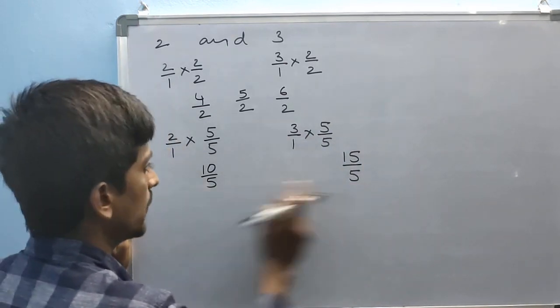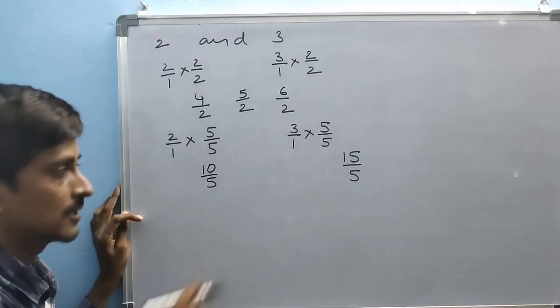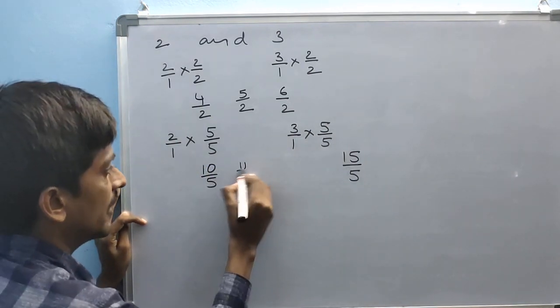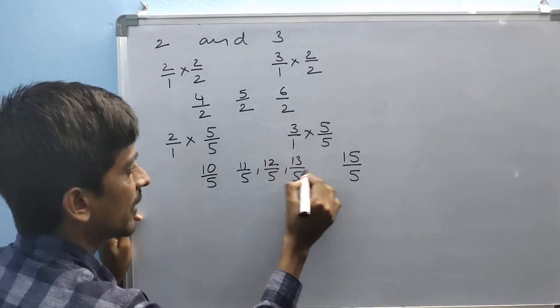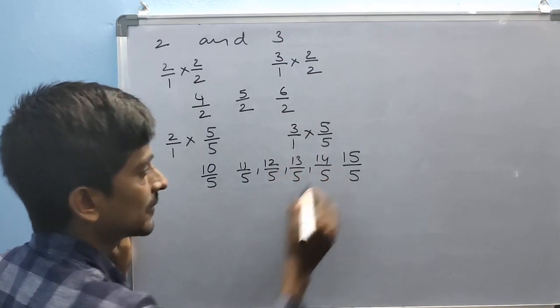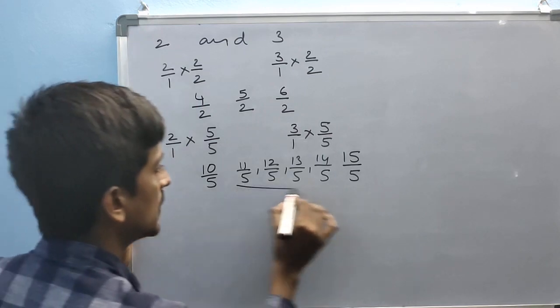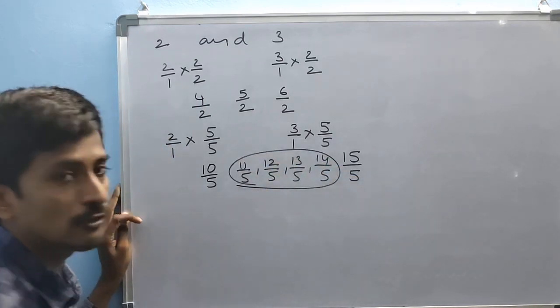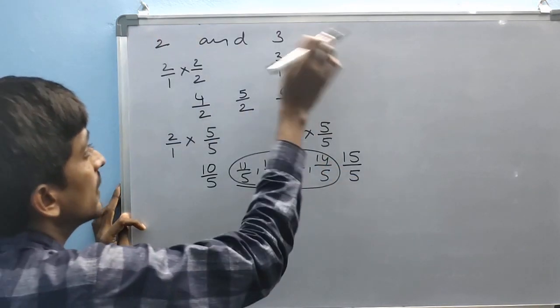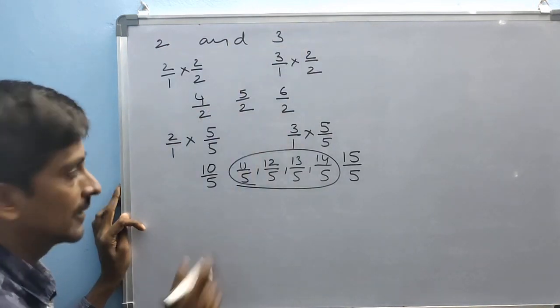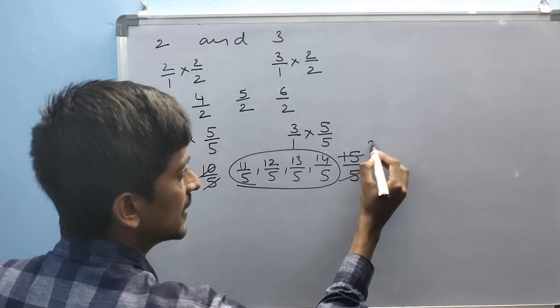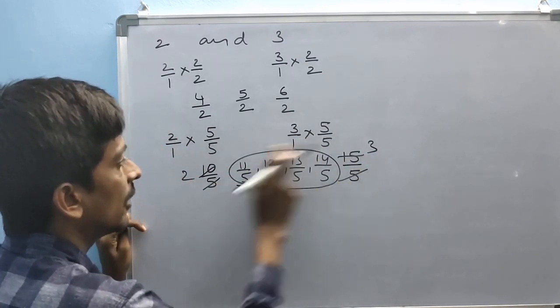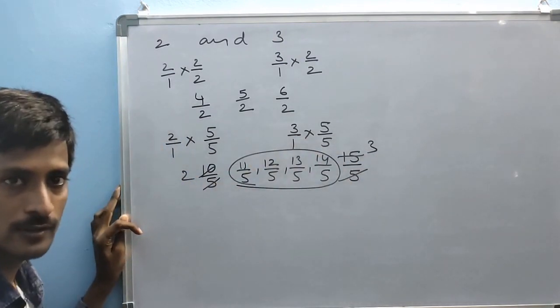Both denominators are equal, so these are like fractions. Numerators 10, then 11 by 5, 12 by 5, 13 by 5, 14 by 5. So how many rational numbers? 4 rational numbers between 2 and 3. 10 by 5 means 2, 15 by 5 means 3, and in between there are 4.